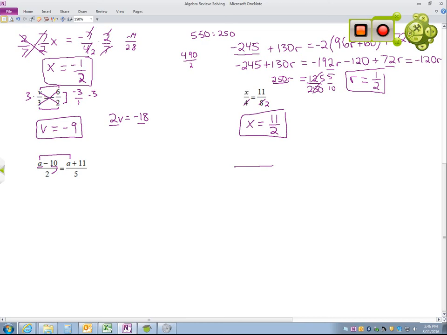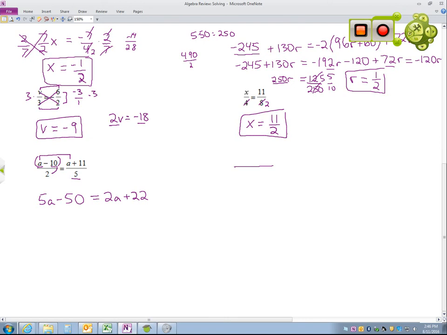Okay? So I need to proceed with cross multiplying, or again, the multiplication property. So I take this entire expression and I'm going to multiply it by 5. When I do that, I need to remember to distribute the 5 to both terms. So I get 5a minus 50, okay? And then going the other direction, 2 times a plus 11 gives me 2a plus 22, okay?